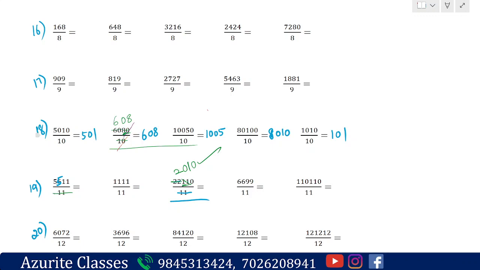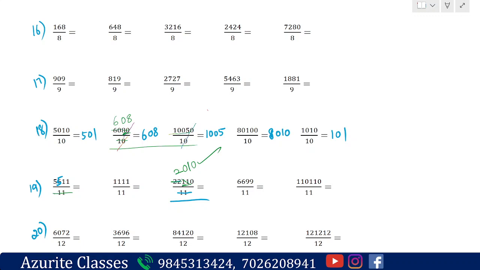So in the next question, if you cancel 1 zero here, what is remaining? 1005. So when there are zeros, you have to cancel them. Understand? Okay, good.